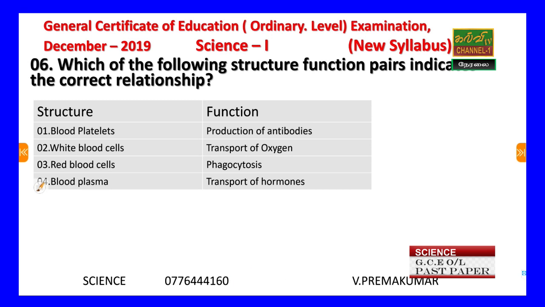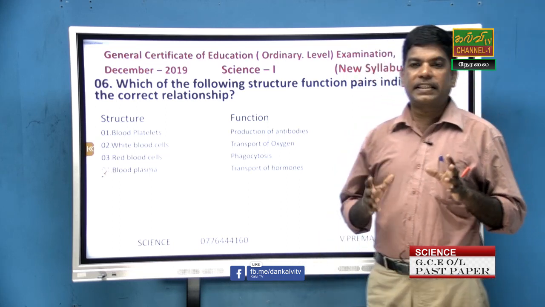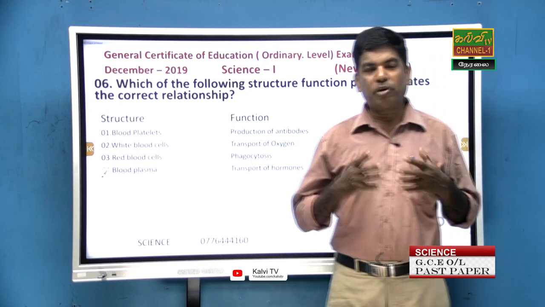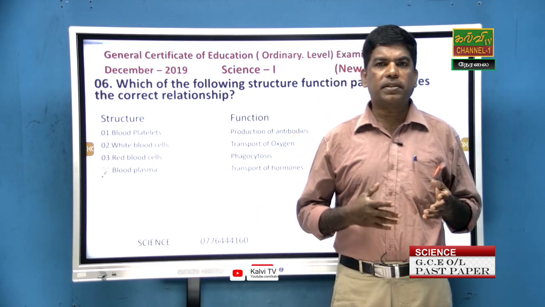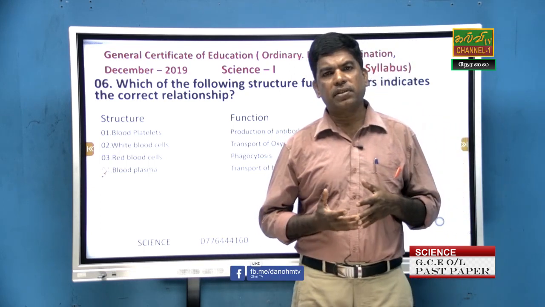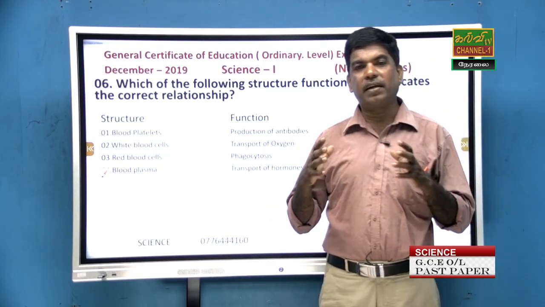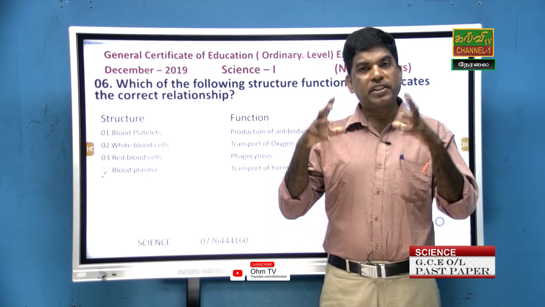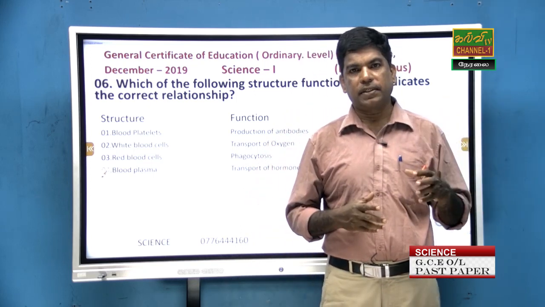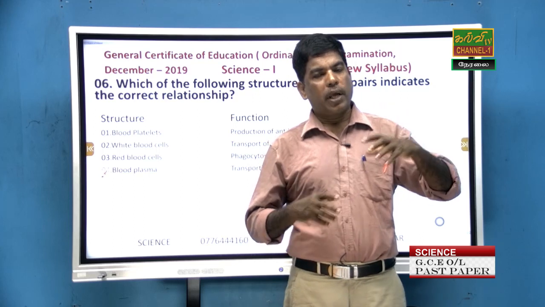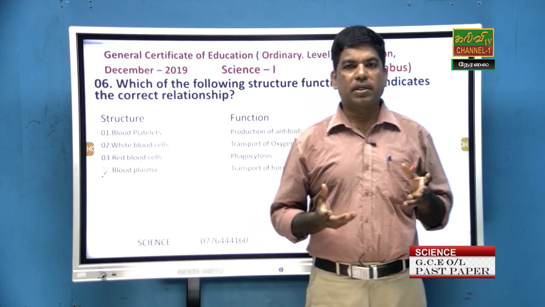The sixth question. This is actually related to cells. Our body contains different kinds of cells: blood cells, bone cells, muscle cells, nervous cells, sperms, eggs, and epidermal cells. There are so many cells in our body. A group of cells is called a tissue. Then different kinds of tissues make organs, like the stomach as an organ.